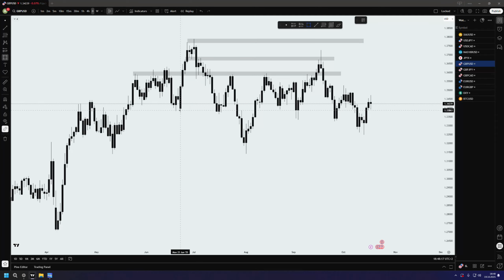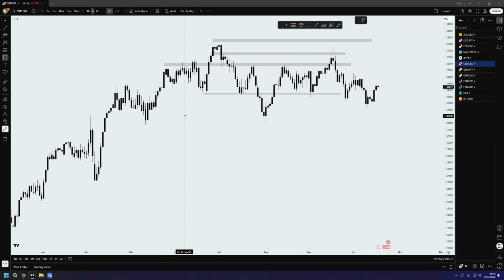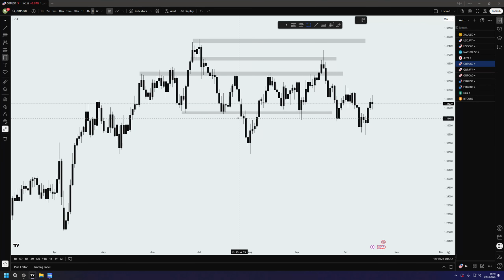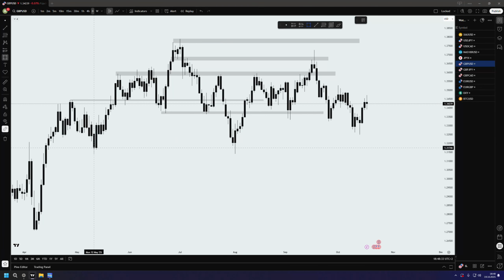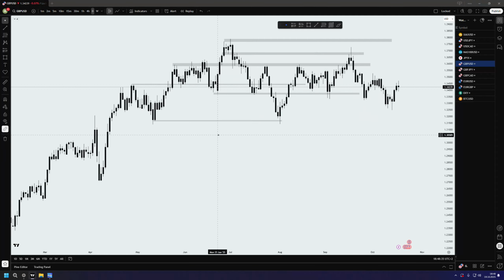When you see a lot of wicks in some areas, it's usually a good place to draw a zone. This is not like some advanced stuff. It's just simple SNR. Not even MSNR, it's just simple SNR.